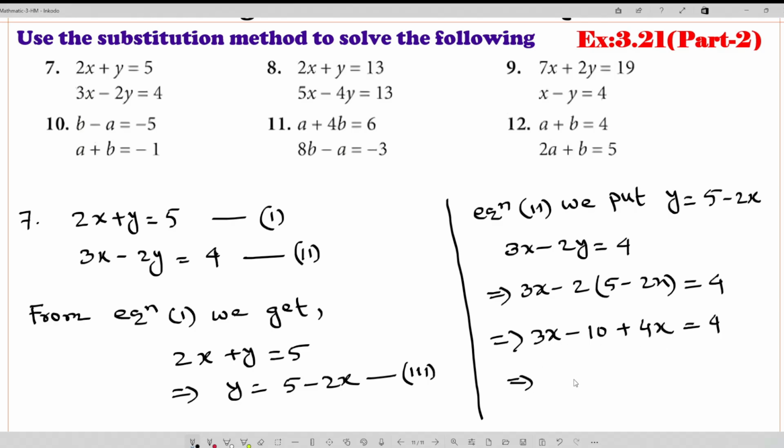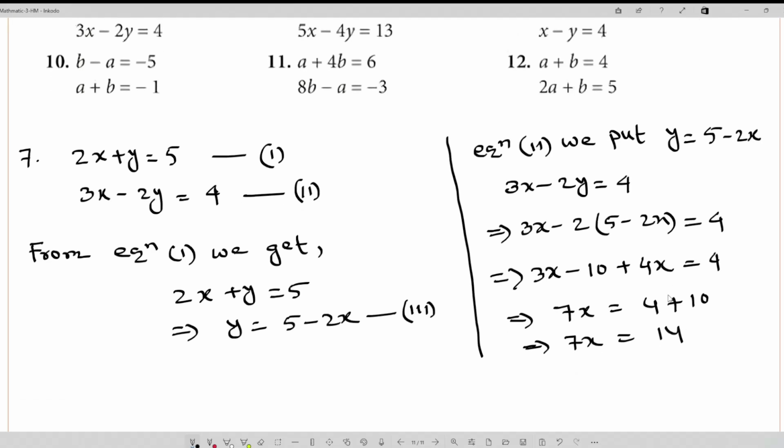So 3x plus 4x will be 7x, and 4 plus 10 will become 14. So here is 7x equals 14. Once we divide both sides by 7, x equals 2. So we get x equals 2.